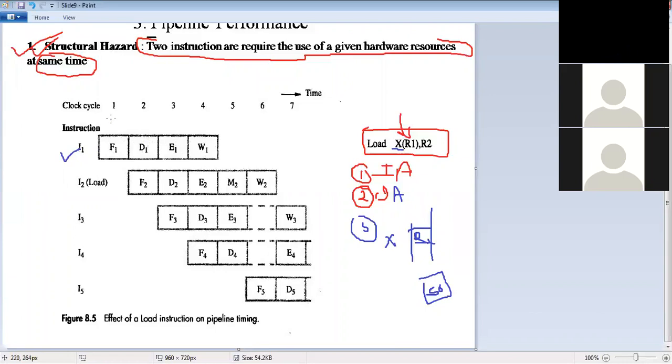If you look at this instruction, I1 is again taken ideally, so that each and every unit takes one clock cycle to finish its task. Now for the load instruction, the first instruction is fetched, then it is decoded. At the time of execution, the execution unit requires the operands, and one operand is available in a register, meaning I have to load the content of this register into the R2 register here. So E requires the value of the memory location X where the register R1 is located, and from where I'm getting the value.